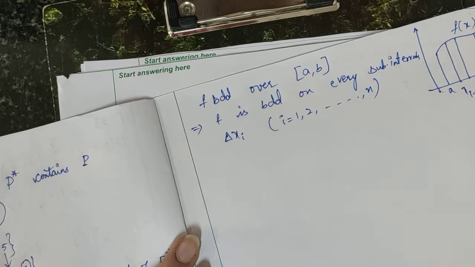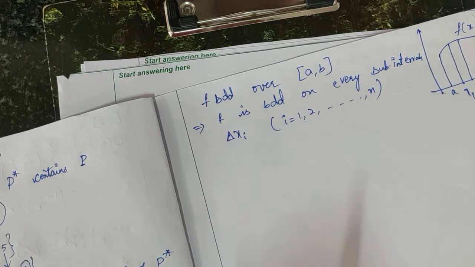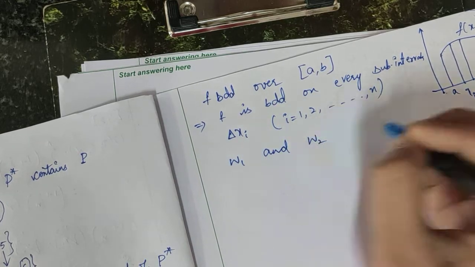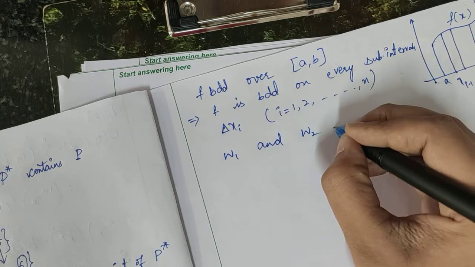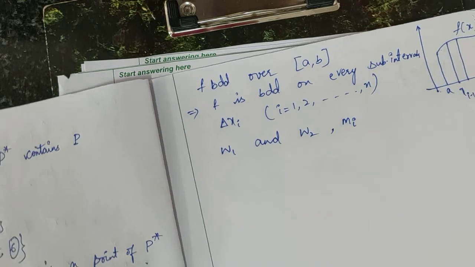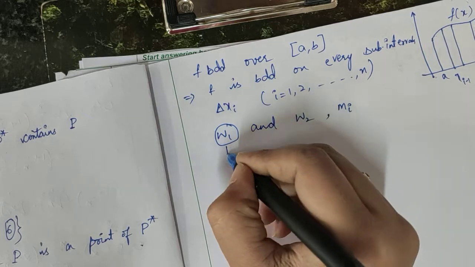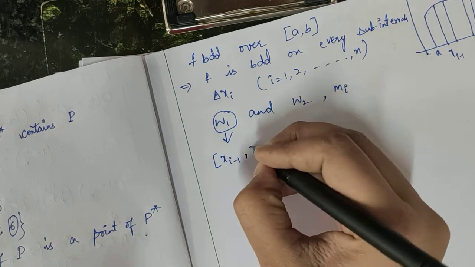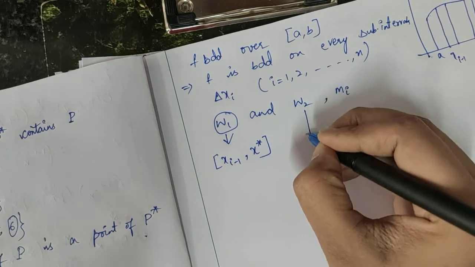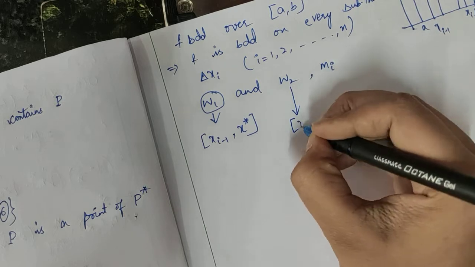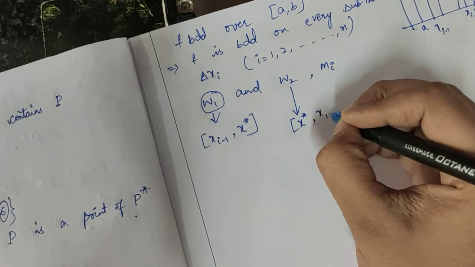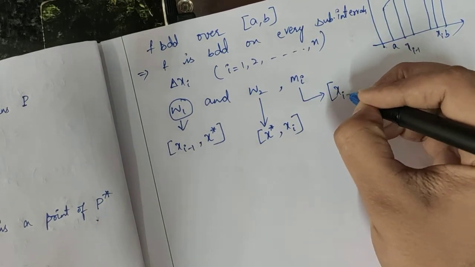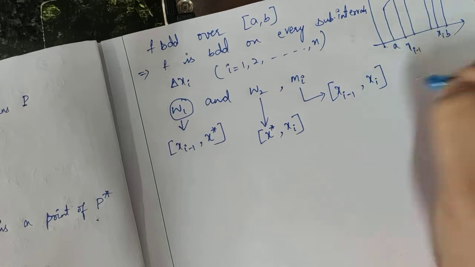Okay, so now I will define two infimums, say w1 and w2. Along with these two, we have one more infimum, that is mi. This w1 is an infimum with respect to the interval xi minus 1 comma x star. This w2 is an infimum with respect to the interval x star comma xi, and mi is an infimum with respect to the interval xi minus 1 comma xi.